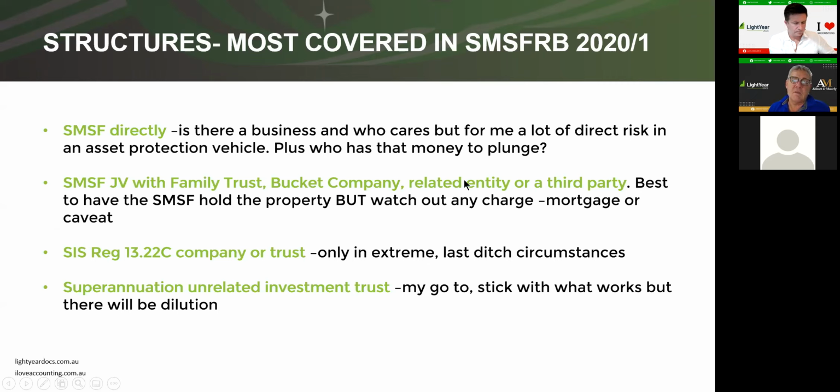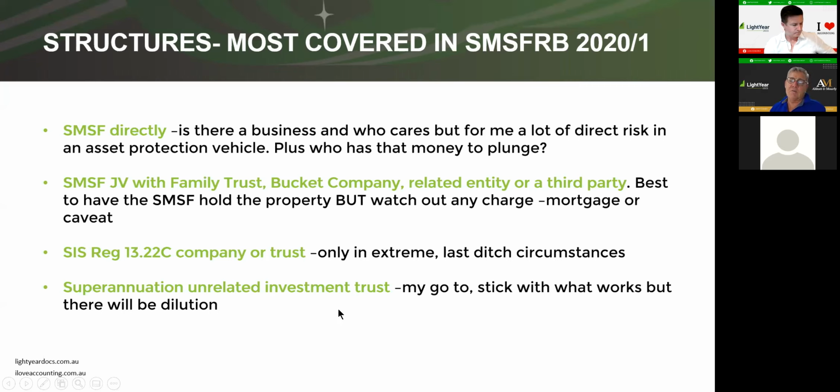A JV, I like that one. That's a really good one, particularly if the JV partners, whether they're related or unrelated, can effectively provide the development finance or the development capital. Look, CES regulation 1322C, company or trust, I've used it in certain circumstances to get out of a hole, but essentially if you have a look at the ATO guideline, it's probably not the best.